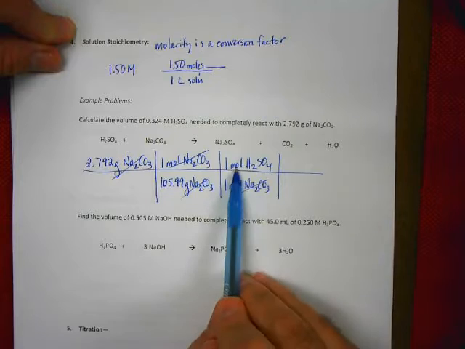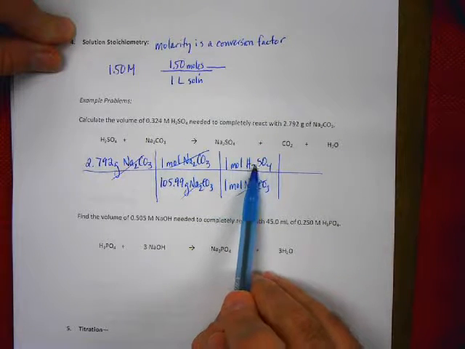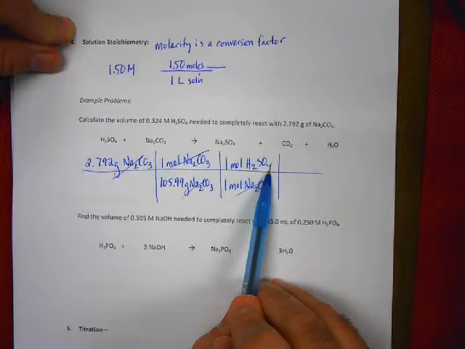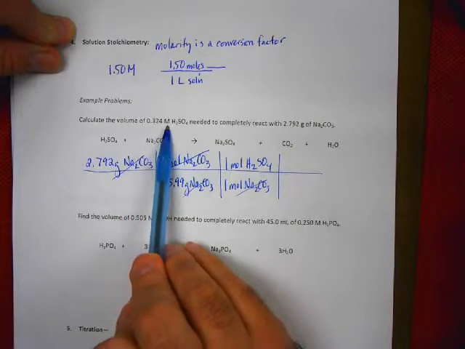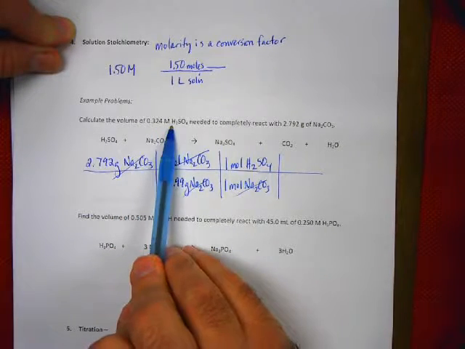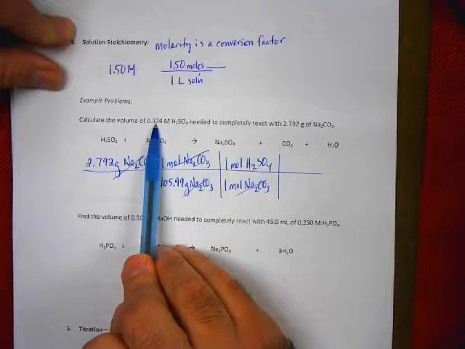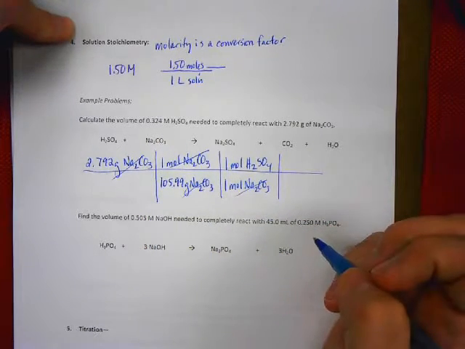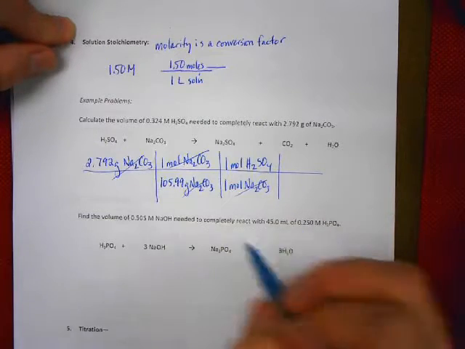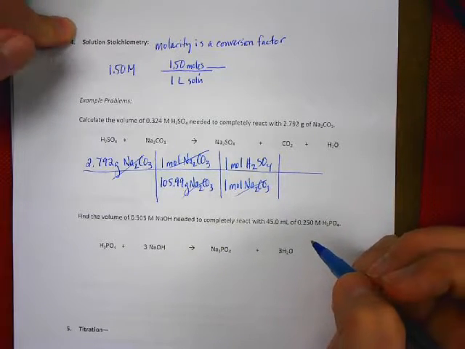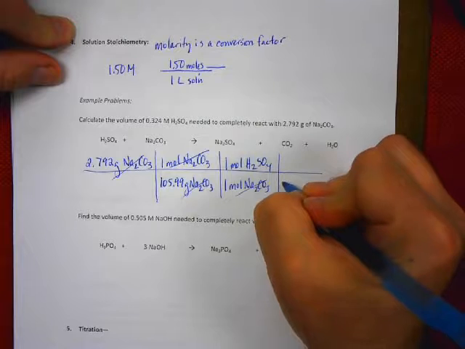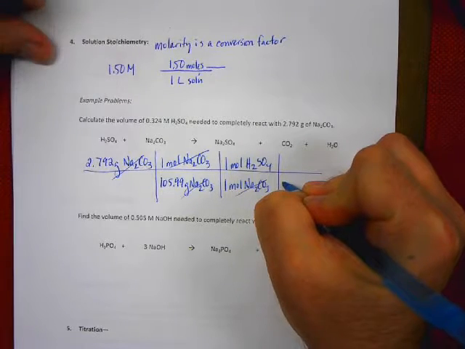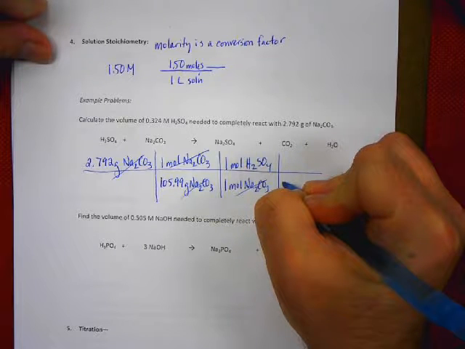Well, we don't want our answer to be in moles of H2SO4, we want it to be in volume. Since we're given a molarity, that tells me how many moles I have per 1 liter of H2SO4. Liter is a measurement of volume, so that would be good. It doesn't specify what unit of volume. So I know that I can use that molarity because that's 0.324 moles of H2SO4 per 1 liter of solution.